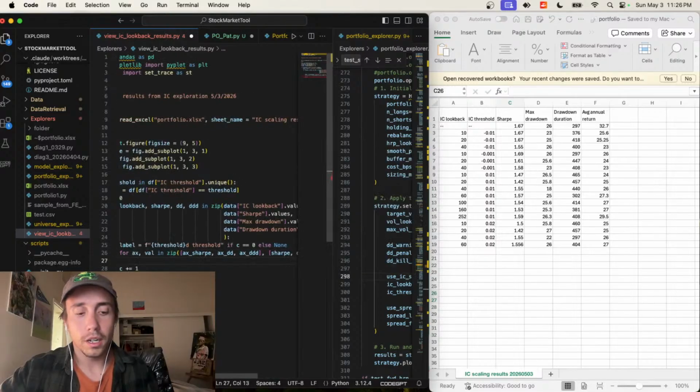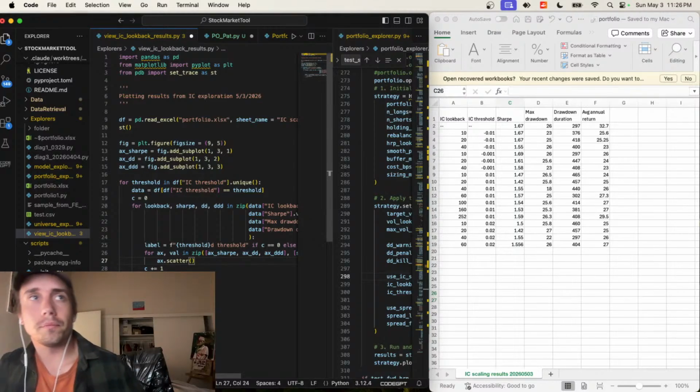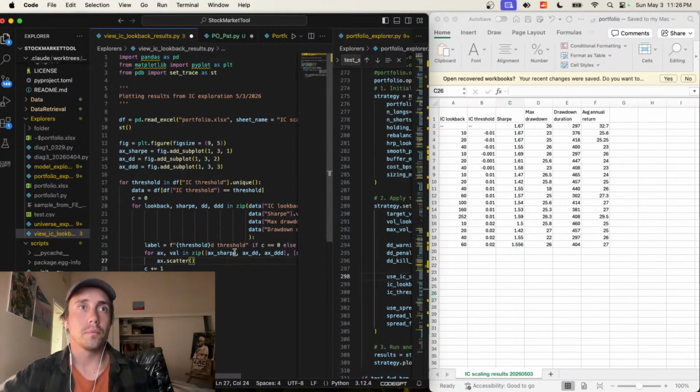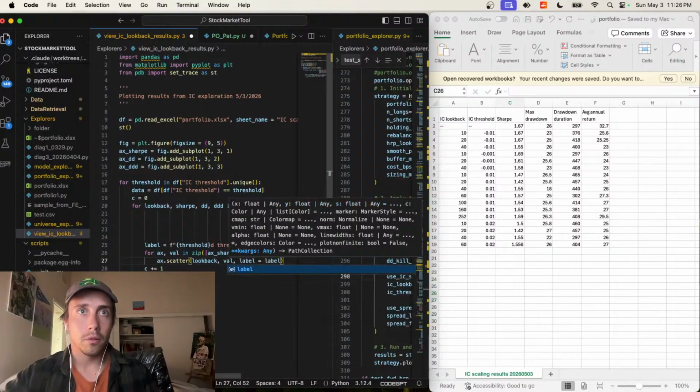We're going to say ax dot scatter. So first we're going to scatter the look back, then val, then label is equal to label.